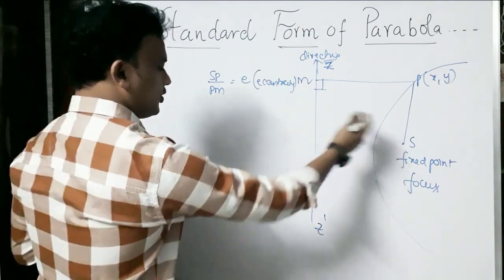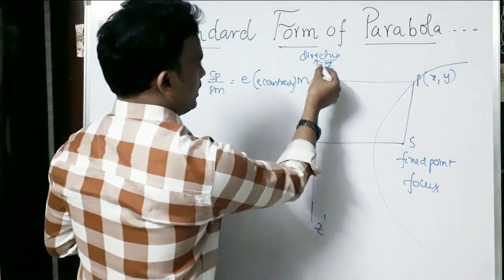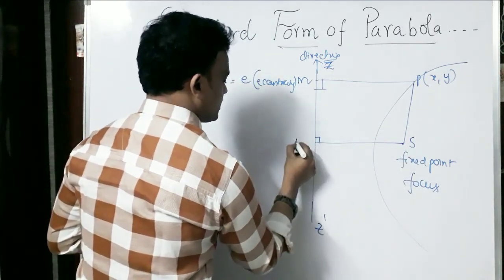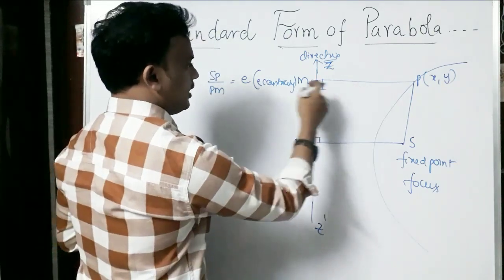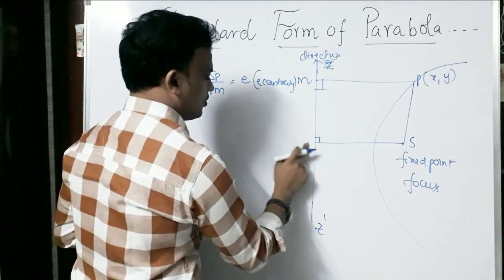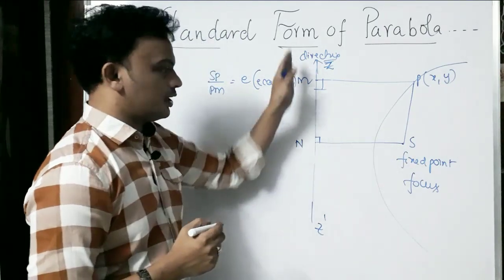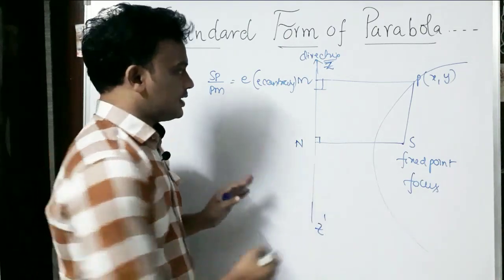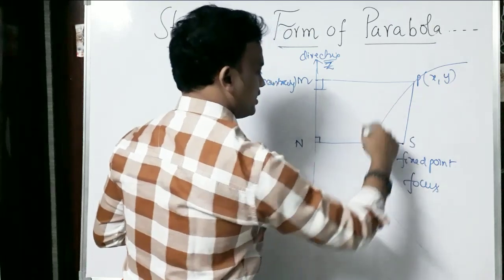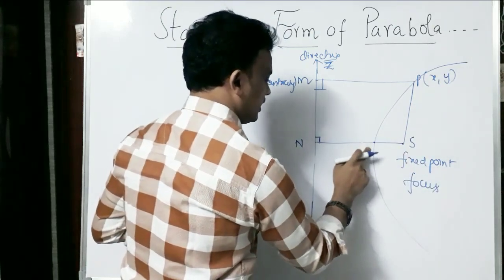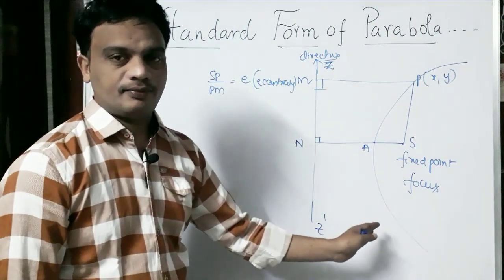You can draw a line, let us take SN, perpendicular to the directrix, and this line SN meets the parabola, which is your conic section, at the point A. Okay, right?